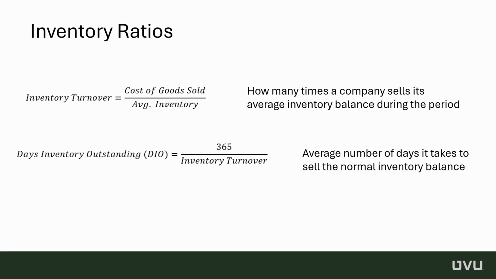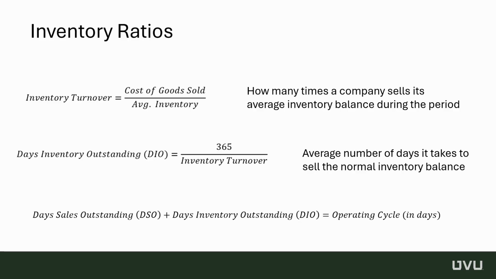Specifically, if we go back to days sales outstanding, which we got in connection with our AR turnover ratio, and add it to our days inventory outstanding, this now gives us, in days, the length of a company's operating cycle. And if you can believe it, we'll still keep adding to this later on in the semester.